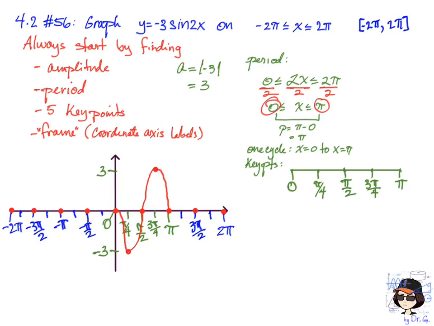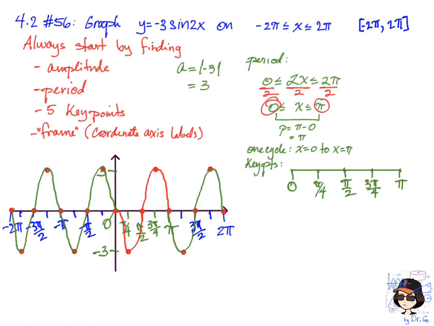I can figure out where all those x-intercepts are, and then I can tell where it's going up and where it's going down. So I know I'm going to have those 2 points over there, a couple of high and low points over there. I don't have to plug anything in because I can see the pattern, right? And then I can connect all these dots. And there's the rest of the graph.